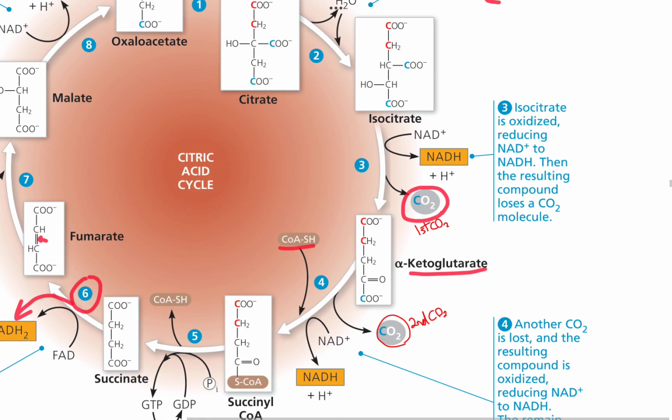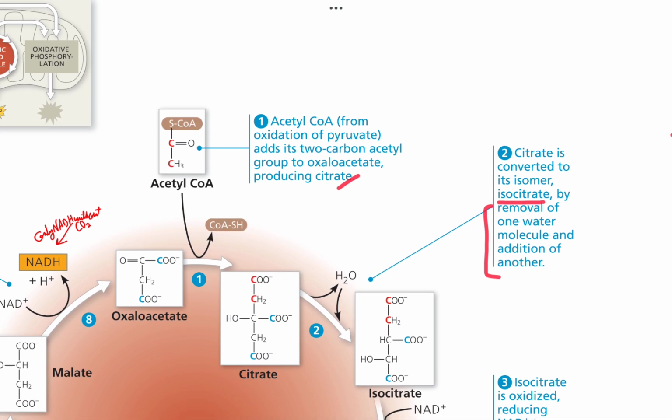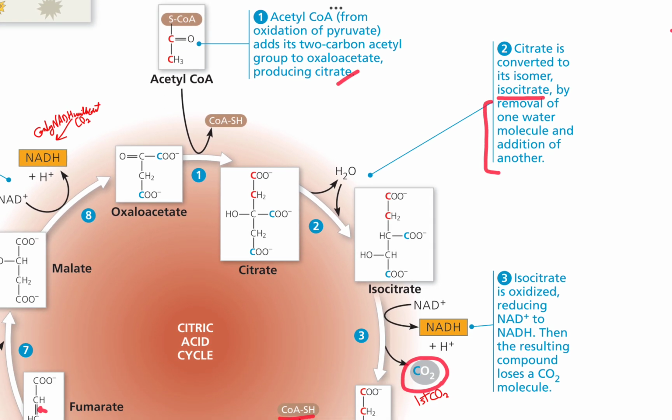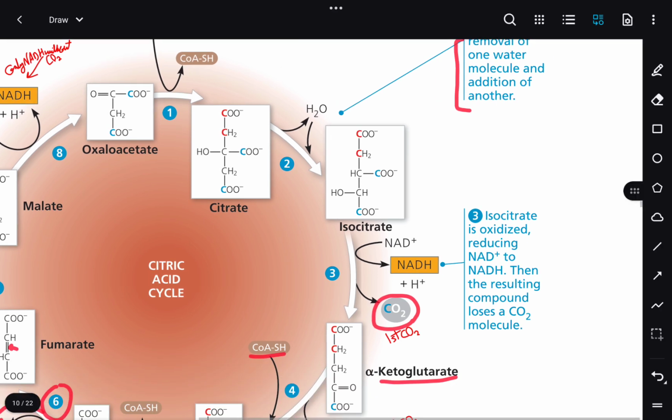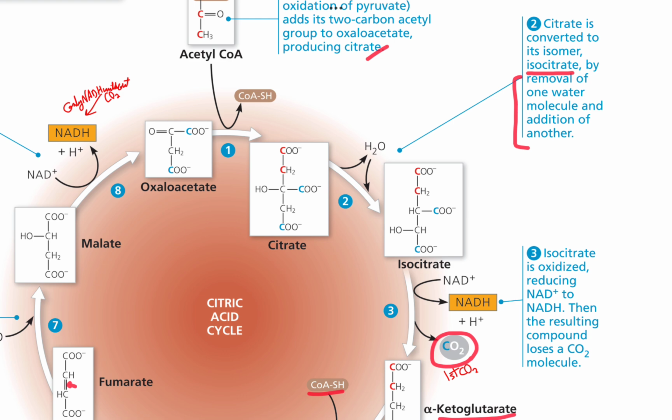Now we are still able to track the carbon atoms, the red that were marked to be part of the acetyl coenzyme A. They're now part of citrate, isocitrate, the first atom, and two blue atoms that were tracked as part of oxaloacetate.